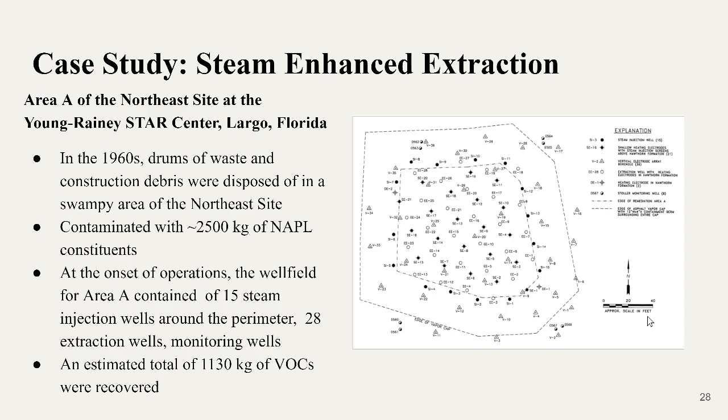On the figure on the screen, you can see 15 steam injection wells around the perimeter of Area A, 28 extraction wells with electrodes between the screened interval to heat the Hawthorne Group and the base of the surficial aquifer, 21 combined steam injection electrode wells to heat the surficial sands, 2 deep electrodes added to augment Hawthorne Group heating and improve the 3-phase electrical heating coverage, 36 temperature monitoring boreholes equipped with thermocouples with about 4 feet vertical spacing, and 8, so 4 pairs of groundwater monitoring wells installed outside Area A.